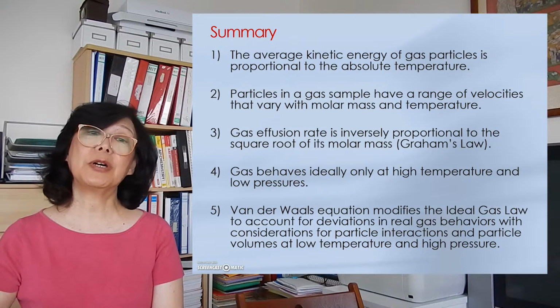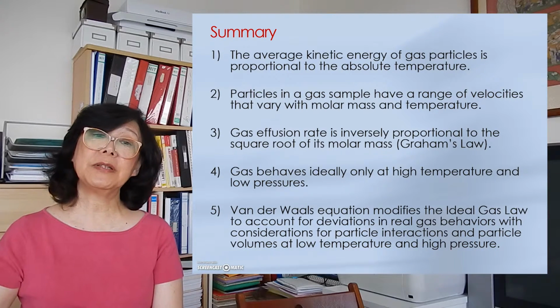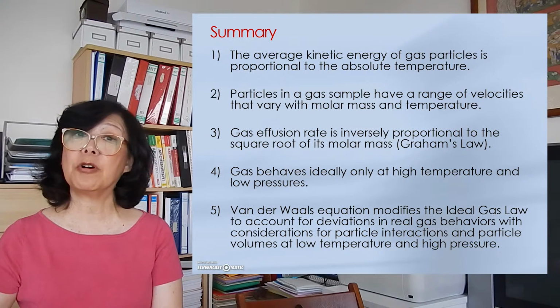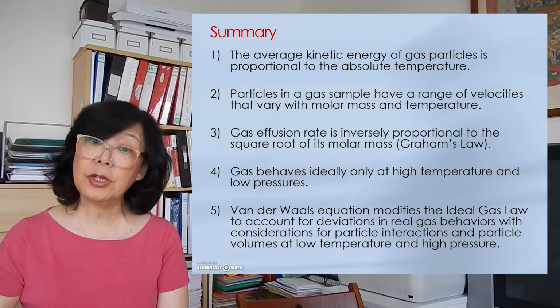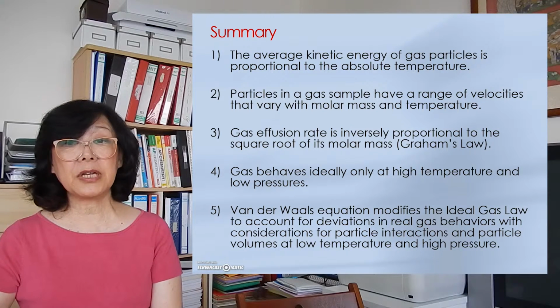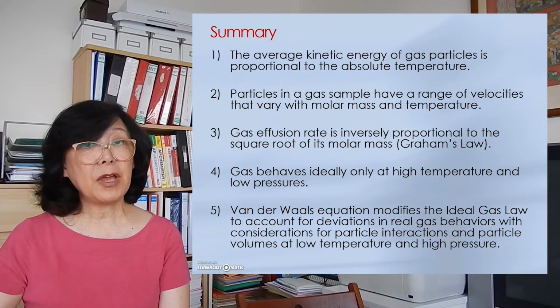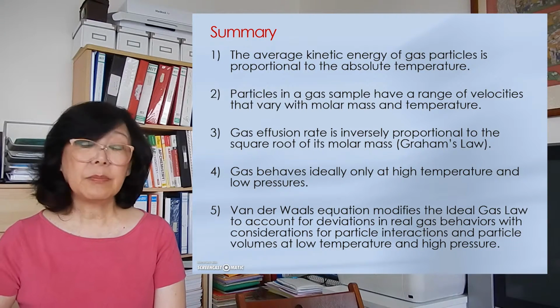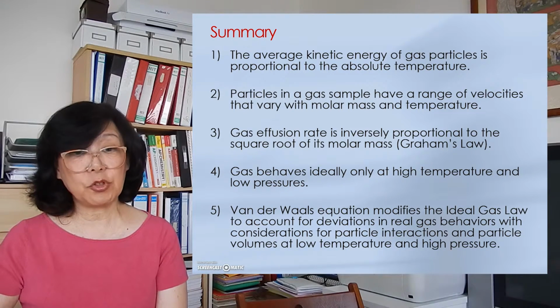So in summary, what have we learned today? One, we learned that the average kinetic energy of gas particles is directly proportional to temperature in Kelvin. Two, the particles have a range of velocities varying inversely with their molar masses but directly with the temperature.